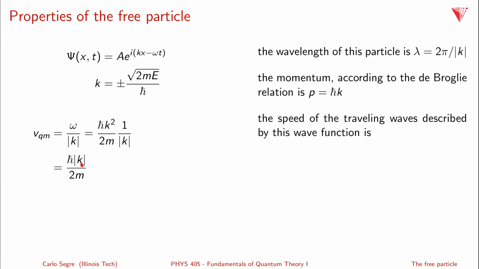And so you have h bar absolute value of k over 2m is the velocity. And then if we put in what the value of k is, we have h bar over 2m times the square root of 2mE over h bar. And finally, it's just the square root of E over 2m. So that is the velocity of this traveling wave.